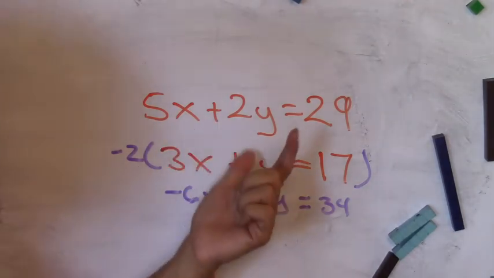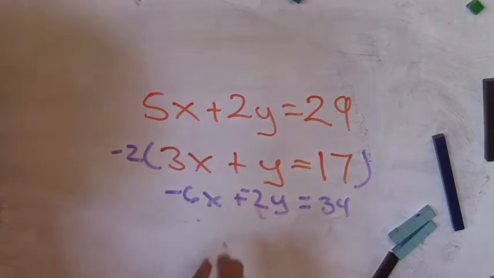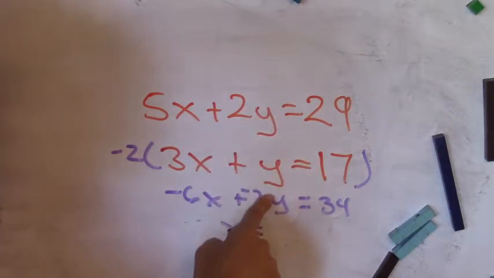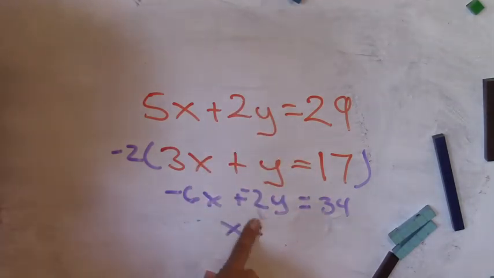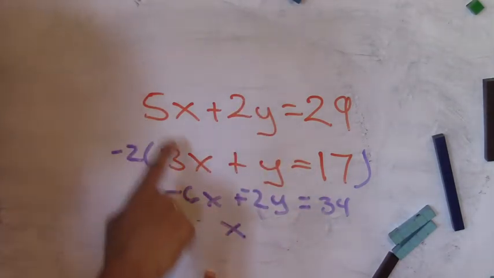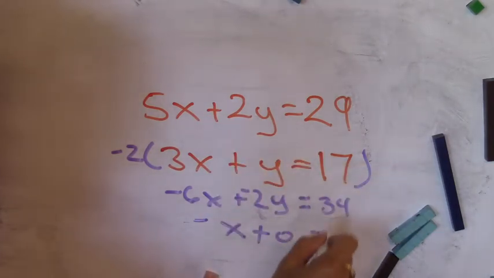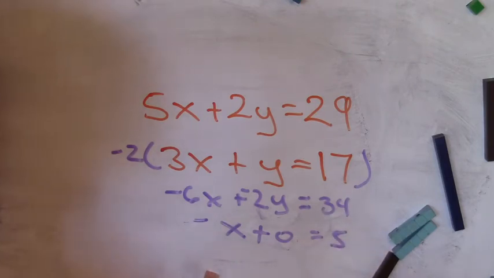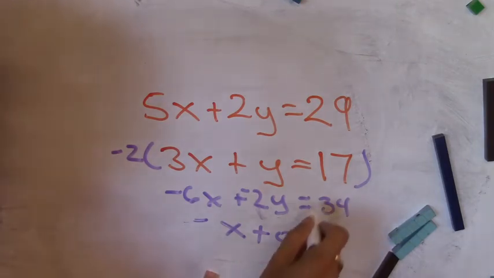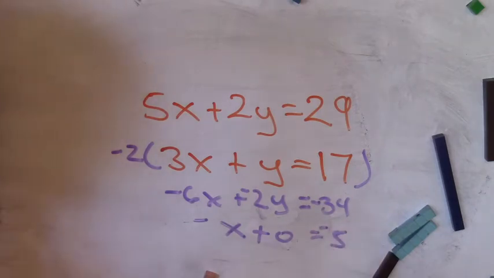Now, that'll tell me, what will that tell me? Well, when I add these guys together, I'm just going to have 1x is the same thing, and when I get rid of these guys, I have a 0 there, right? Well, let's just do it. This is going to be -x, plus 0y, and that's going to be -5.